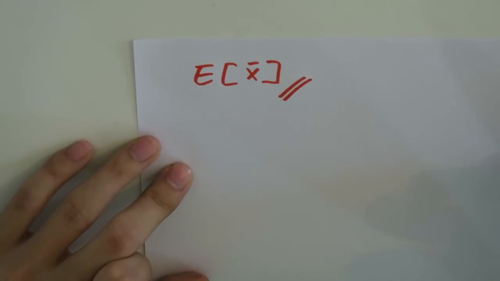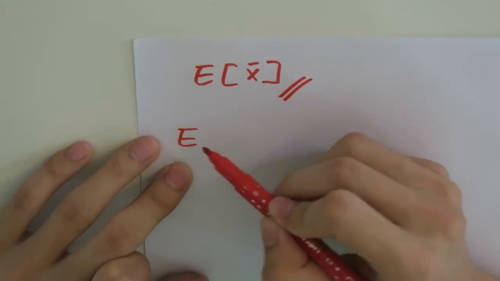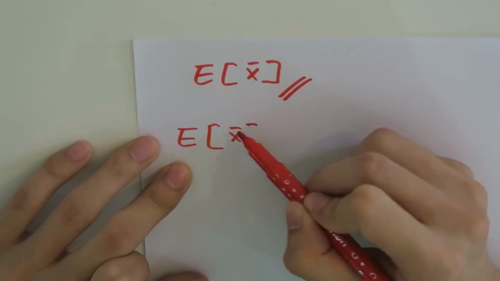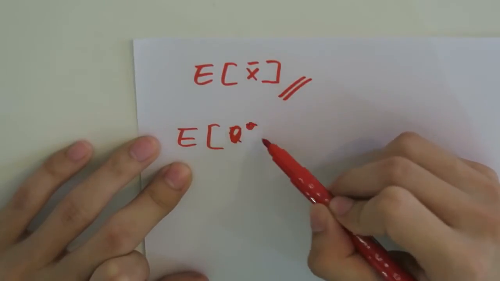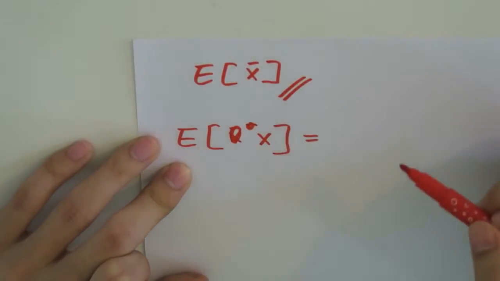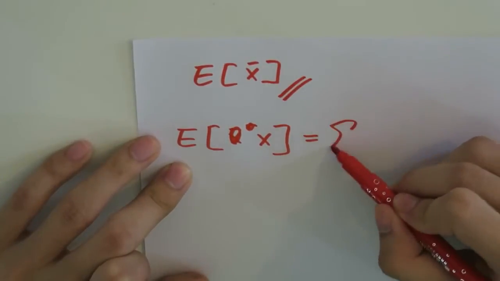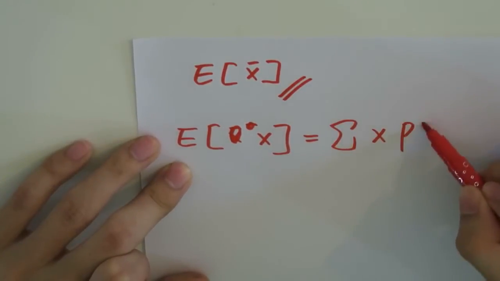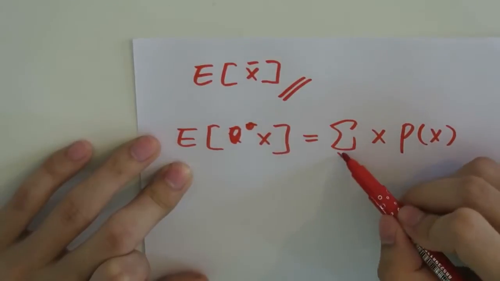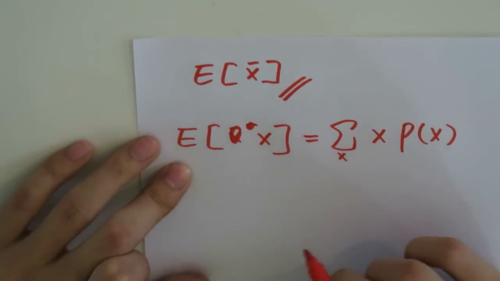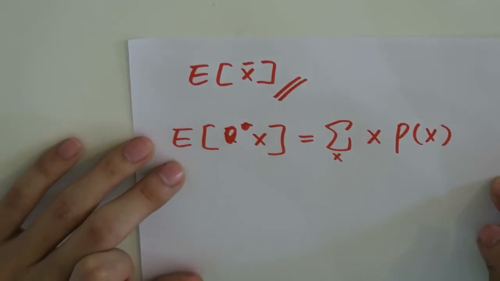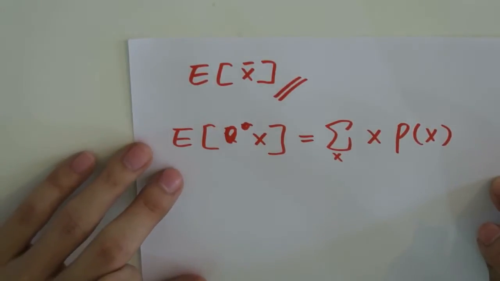This is a discrete random variable distribution. So if you recall the formula, you can find this formula from the formula sheet. This is how we calculate the mean of a discrete random variable distribution.